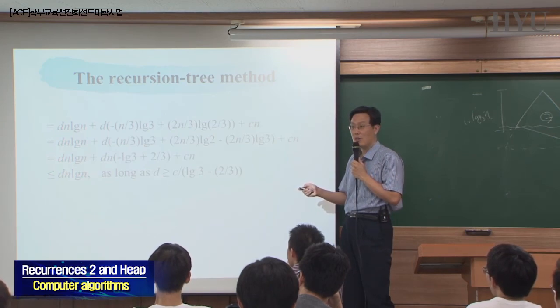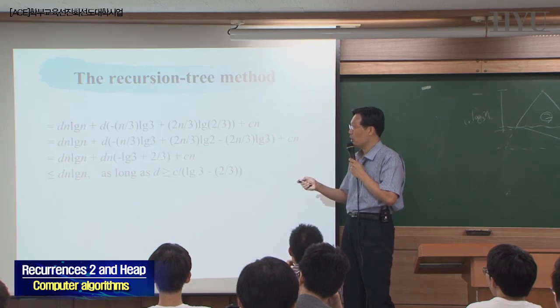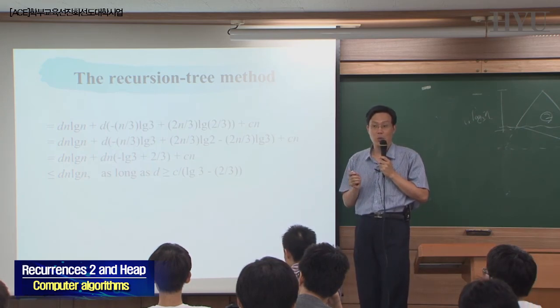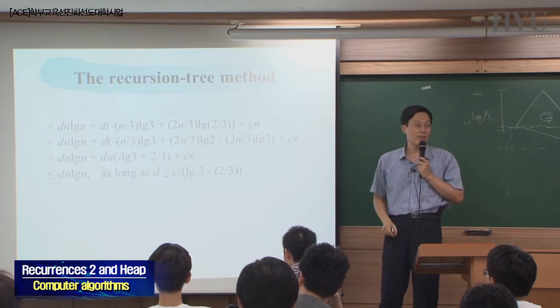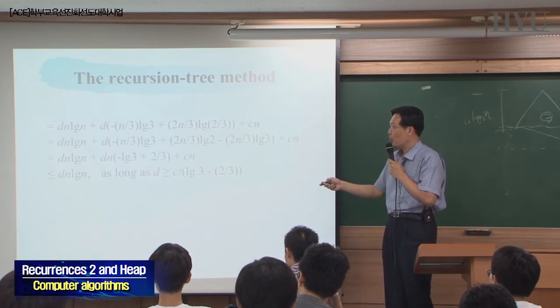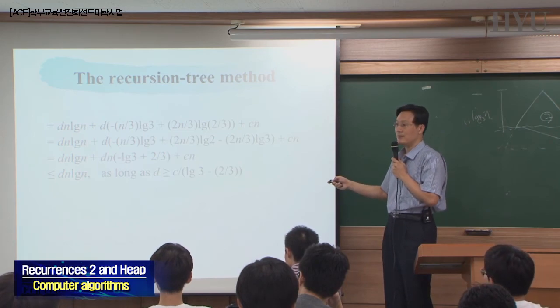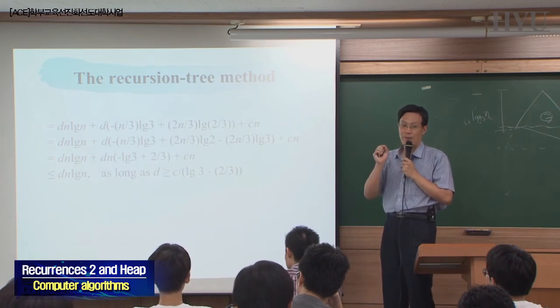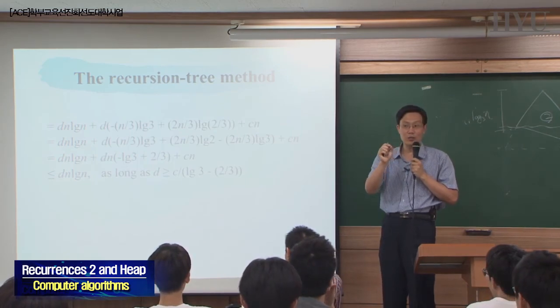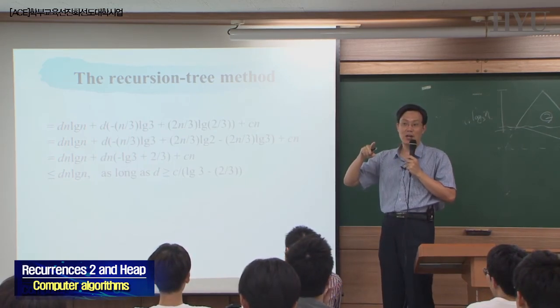From this condition, this is removed, so this one should be less than or equal to 0. From the inequality, we can get this. And note that d should be alone and all the others should be on the other side.